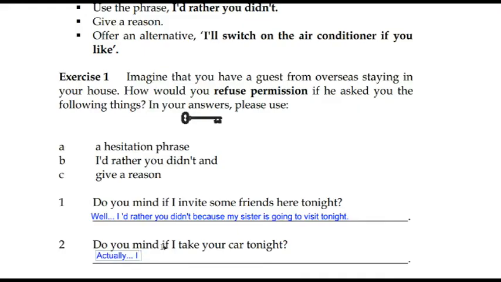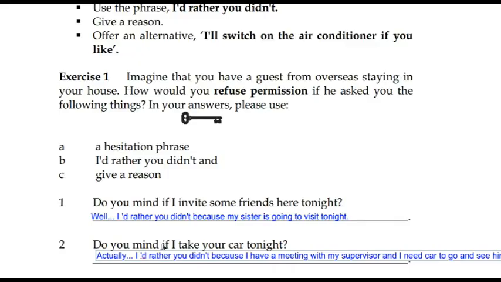Then you are going to say that I would rather you didn't, because I have a meeting with my supervisor, and I need the car to go and see him.